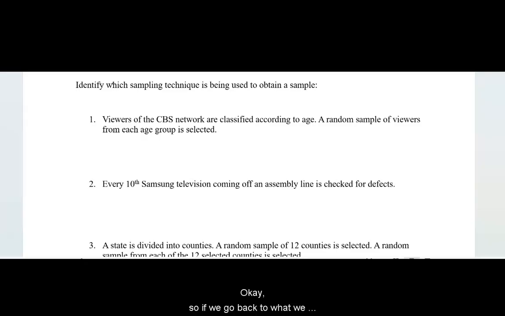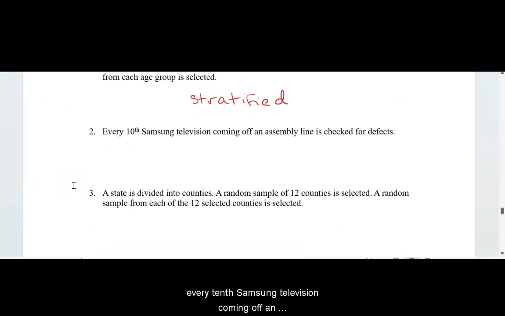Okay, so if we go back to what we just talked about, which one did we say is when we put them into some sort of classification? That would have been the stratified. The stratified one was where we put it into some sort of classification, and then we take samples from that.